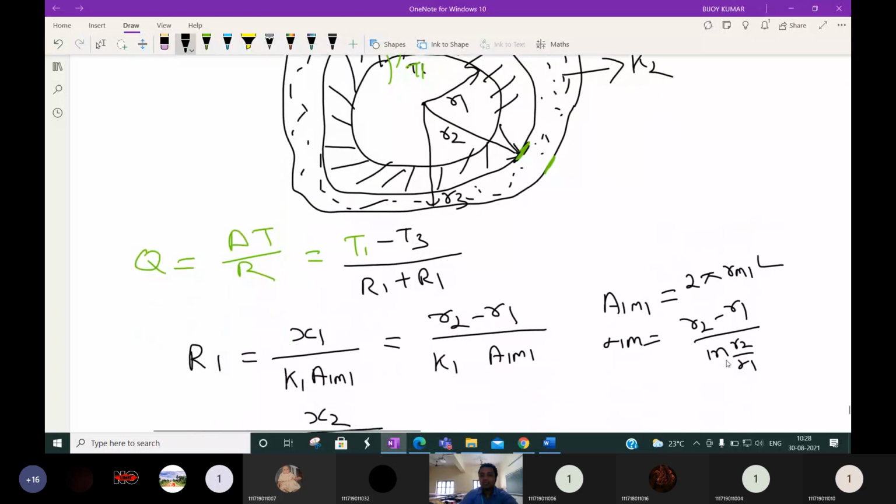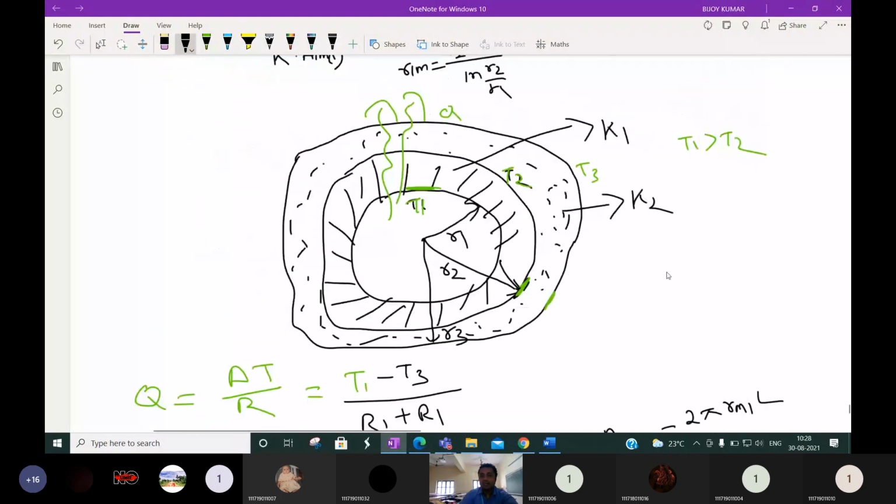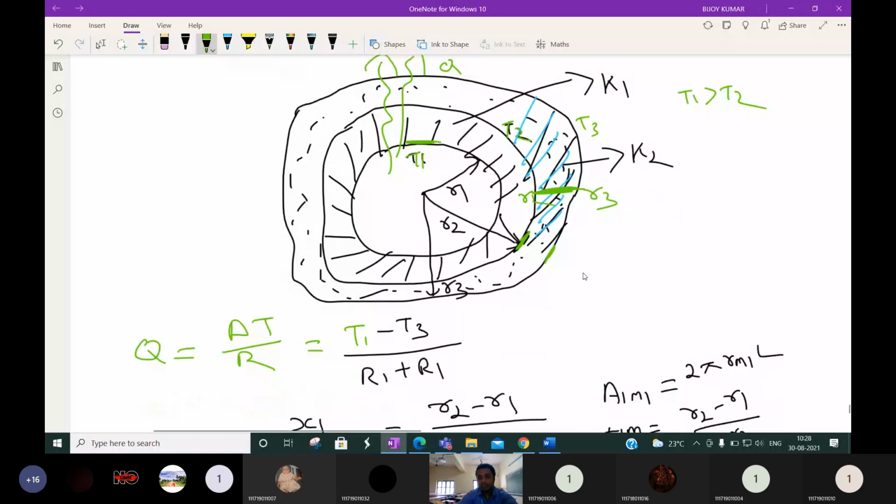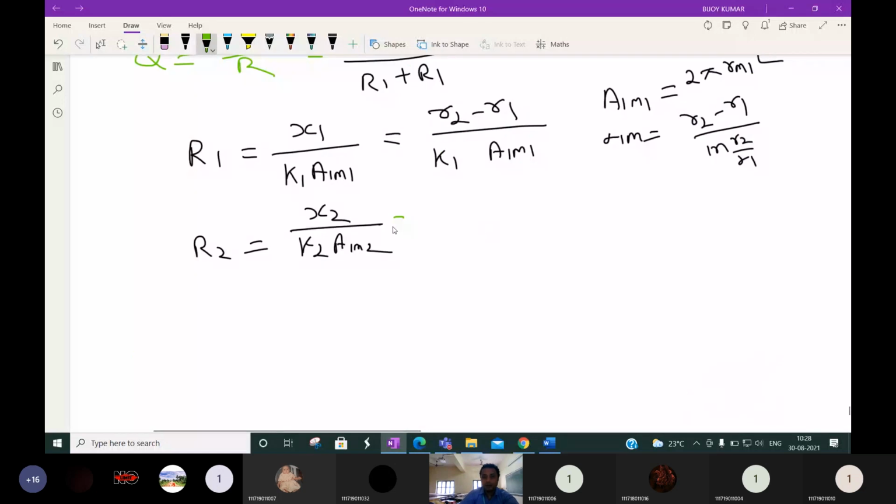Here RLM is R2 minus R1 by ln of R2 by R1. This is for the first case. Then for the second case, for this one, this is the second wall. Let me change the color. In the second wall, the thickness is R3 minus R2.